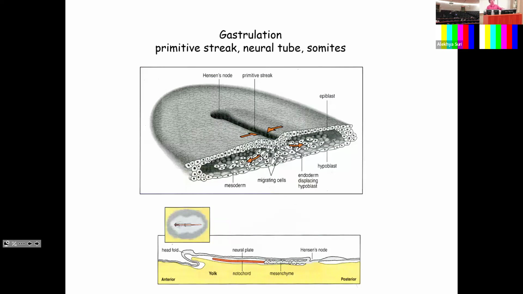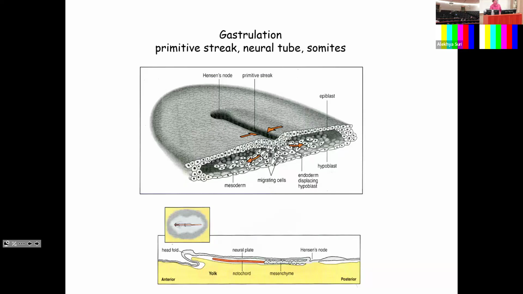So at gastrulation, we have for the first time the three layers, the three germ layers. Ectoderm, which is this, and then mesoderm, which is formed by the ingression and egression of the cells, and then endoderm.